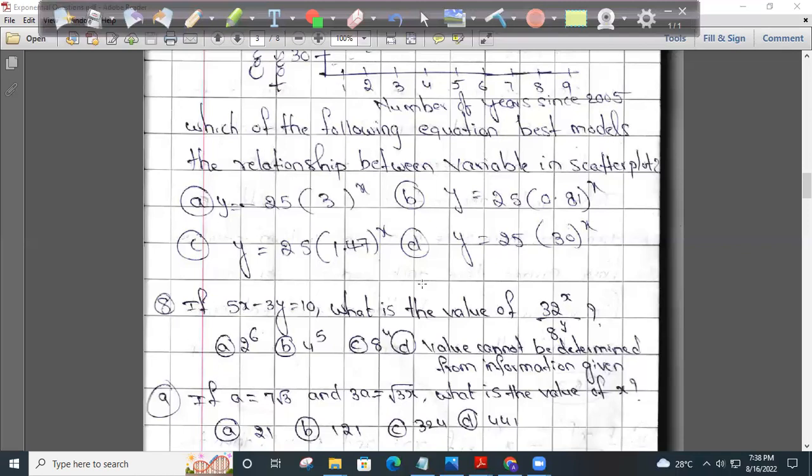What is the value of 32 to the power of x divided by 8 to the power of y? Just tell me the answer.